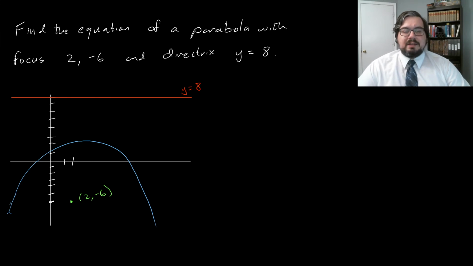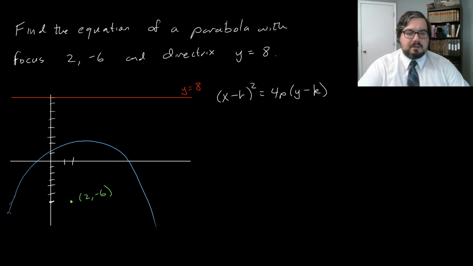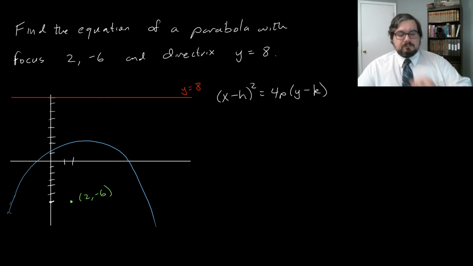And so we can use the equation x minus h squared is equal to 4p times y minus k. Now, in order to do this, we're going to need to know h, k, and p. Currently, we don't have any of those, but we can figure them out.